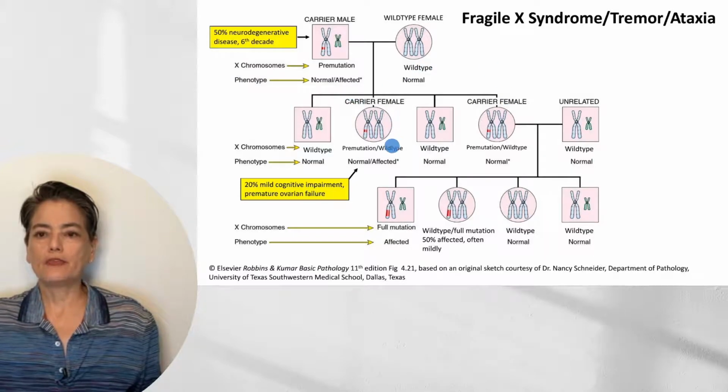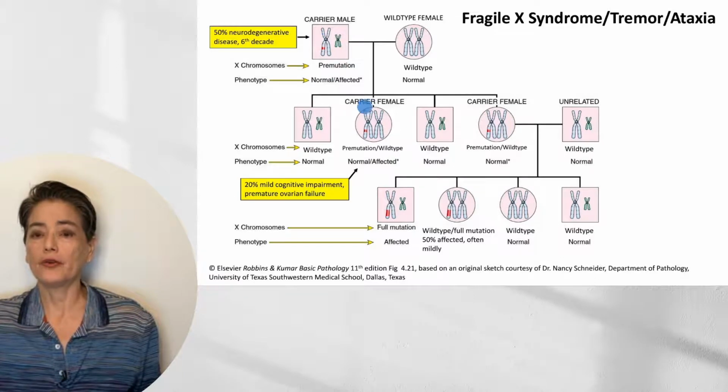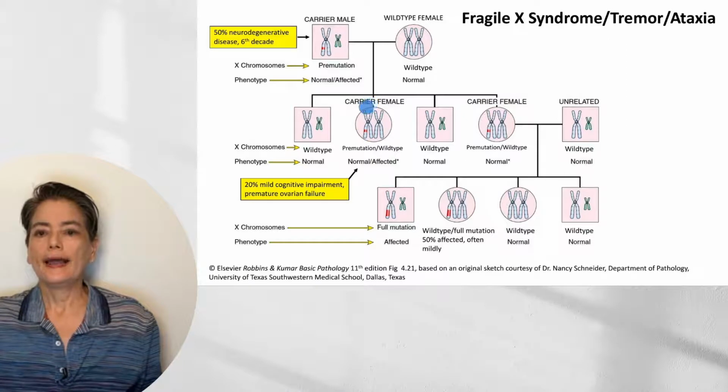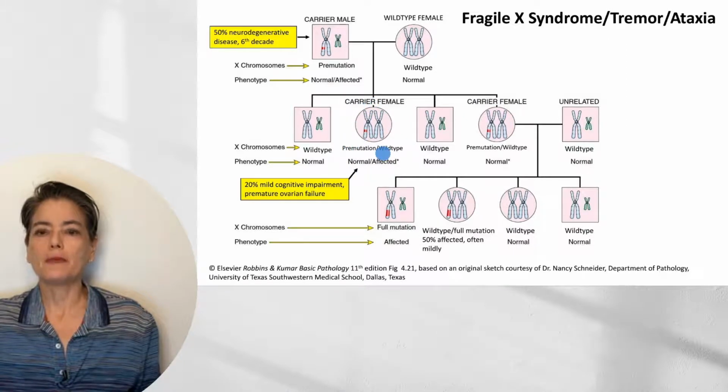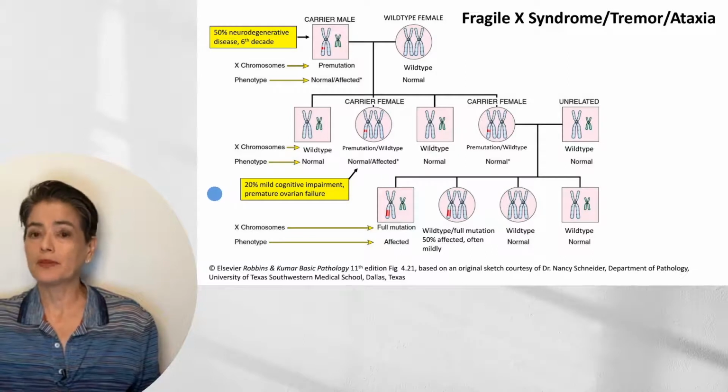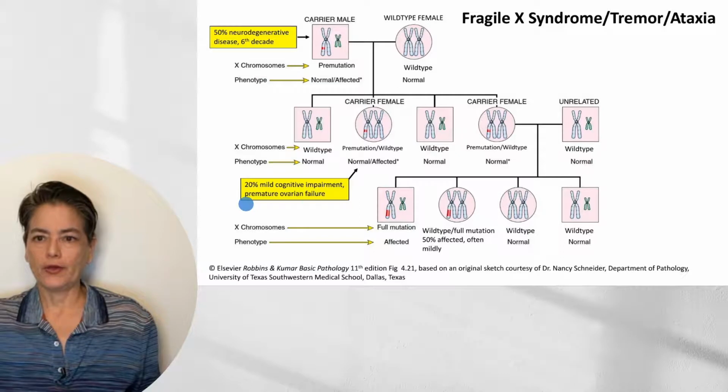So in this carrier female, she has the premutation that she inherited from her father. Remember, this expands during oogenesis. And so she is either going to be healthy or she may be affected, because remember, about 20% will have this mild cognitive impairment or premature ovarian failure.